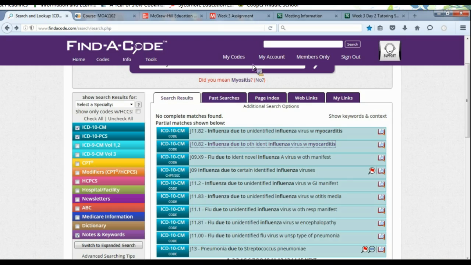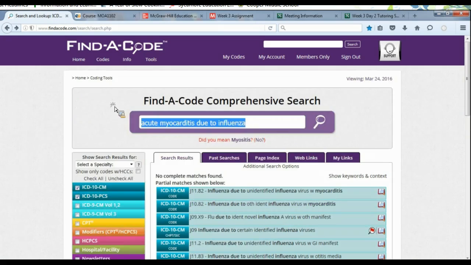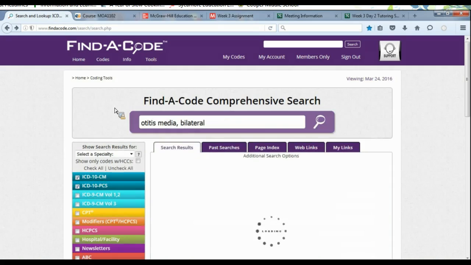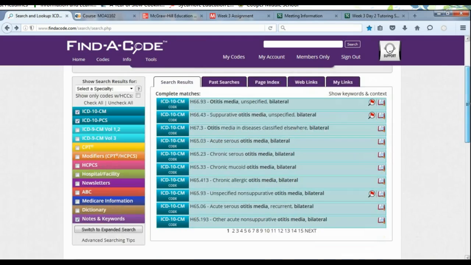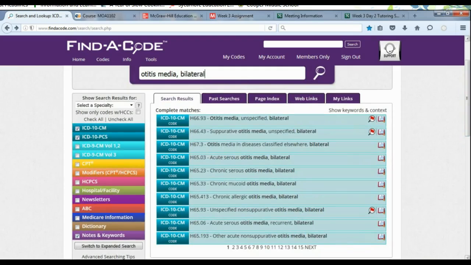So I'm going to go on ahead and up here, otitis media, comma, bilateral. It's searching. Okay. So from these complete matches, which one would you select? Acute otitis media bilateral or otitis media bilateral? Which one would you select?